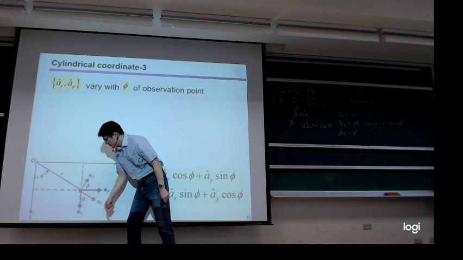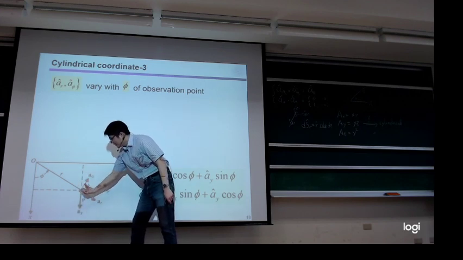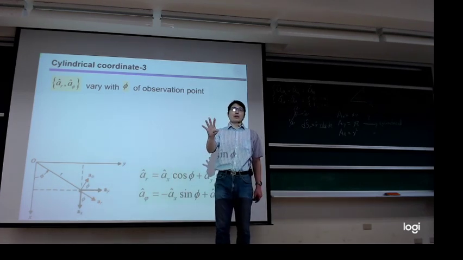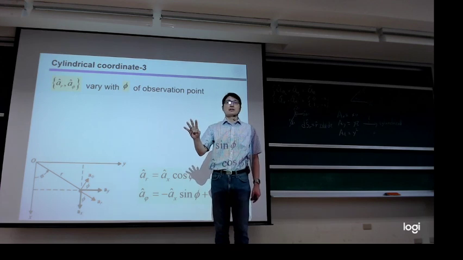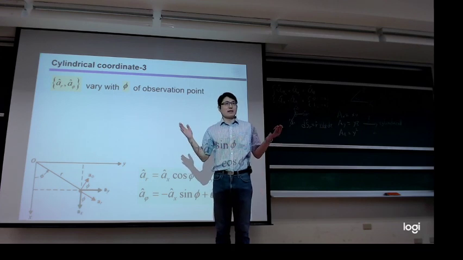X unit vector, Y unit vector, R unit vector, and phi unit vectors. I'm showing you these four. Why only these four? Because Z is common. Z is identical for Cartesian and symmetrical coordinates, so they don't need conversion.